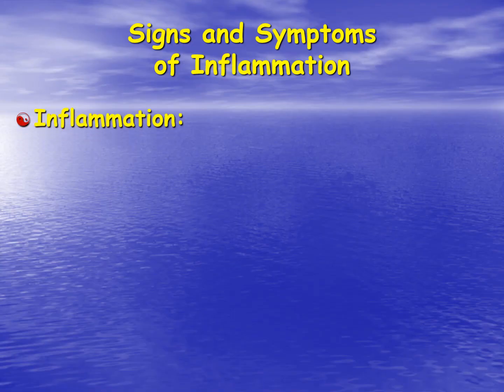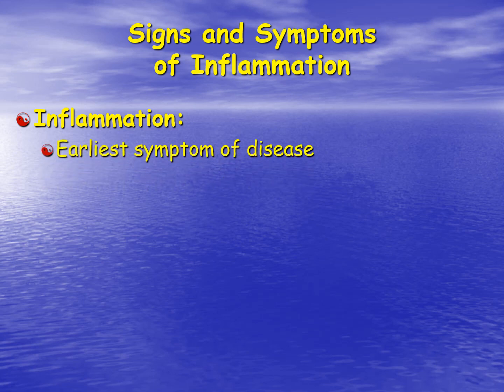So, what is inflammation? Inflammation is the earliest symptom of disease. Inflammation can occur without infection, but infection will always have inflammation. In the next chapter, we're going to talk quite a bit about inflammation. Inflammation is a rapid, nonspecific response in infected tissues or in damaged tissues.